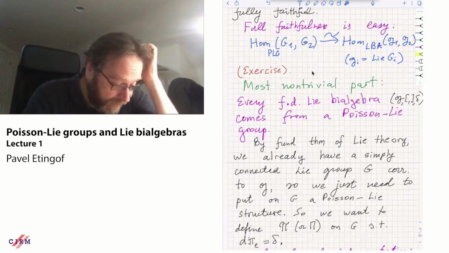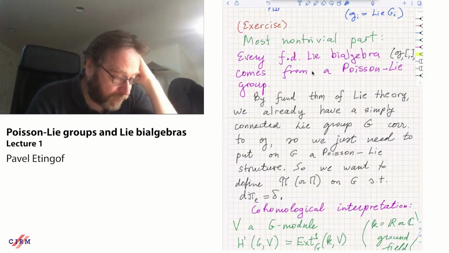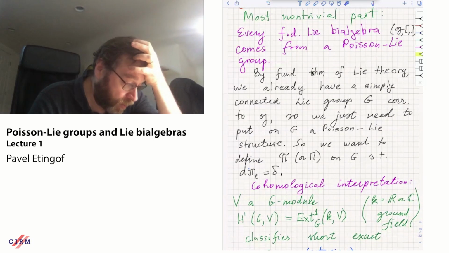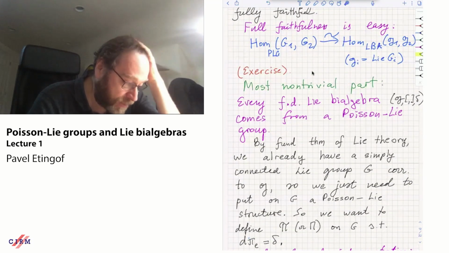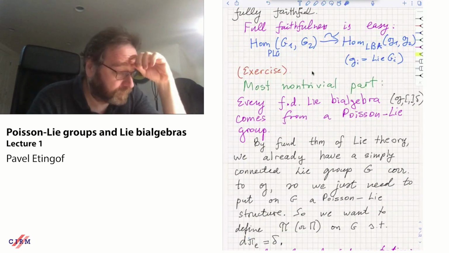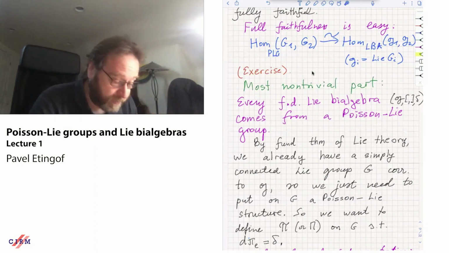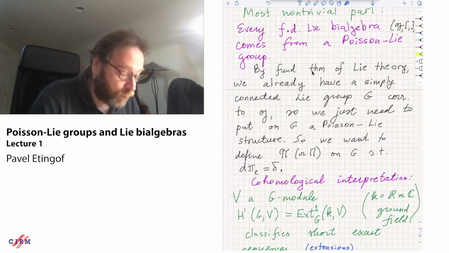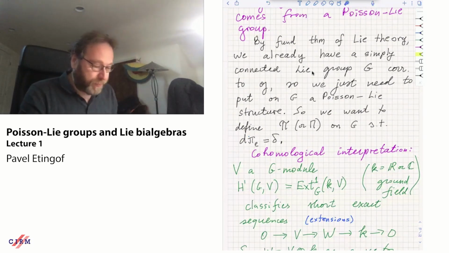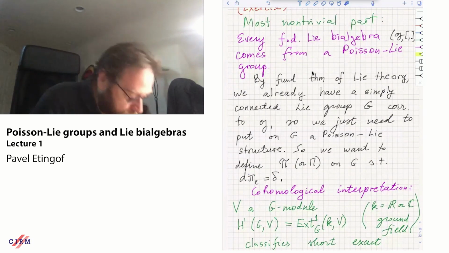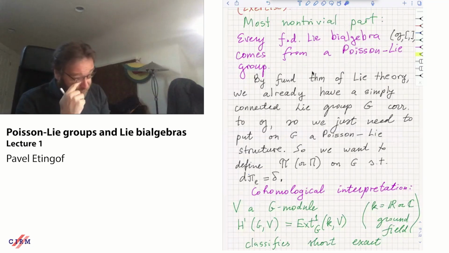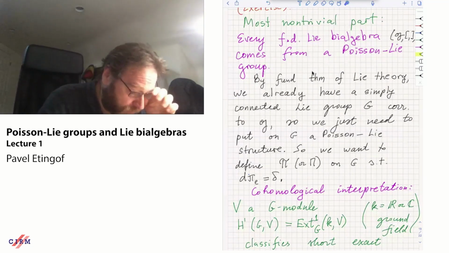And so the idea of proving this is to give a cohomological interpretation of the axiom that delta is a cobracket, of the compatibility condition between delta and the commutator. So for this purpose, I need to recall the notion of first cohomology of a group with coefficients in a module.